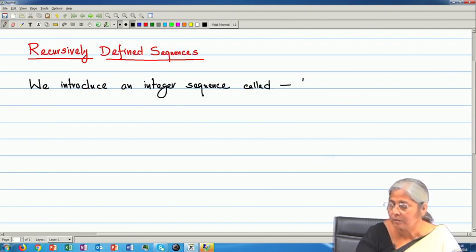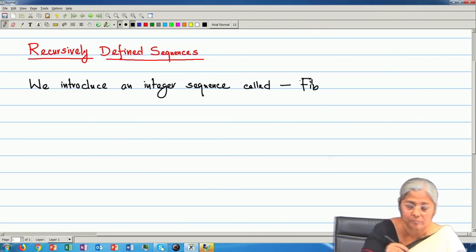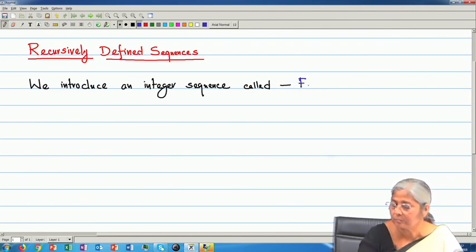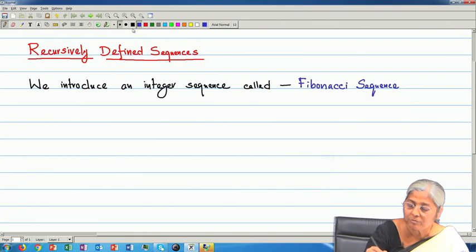First, we see how the Fibonacci sequence is recursively defined.